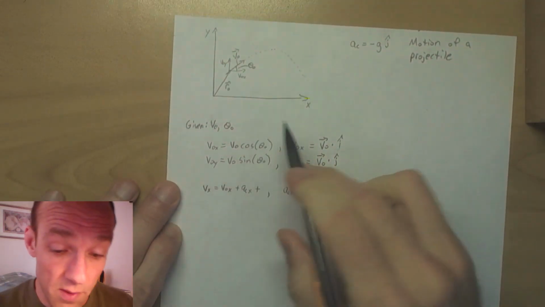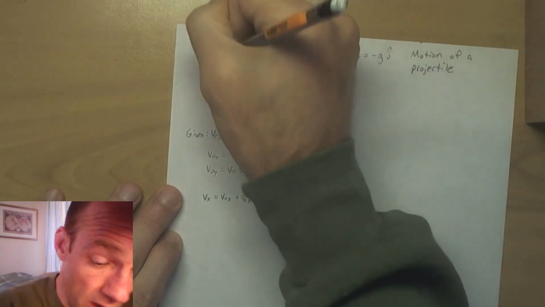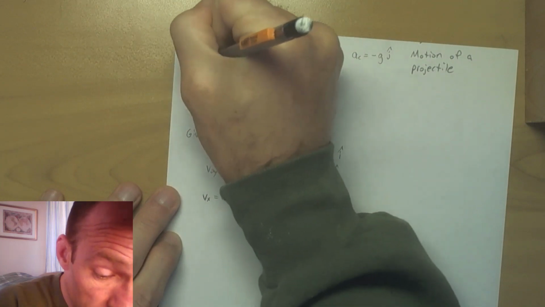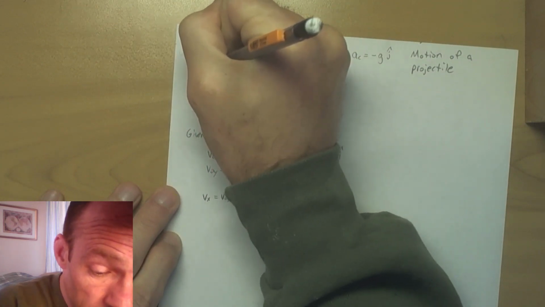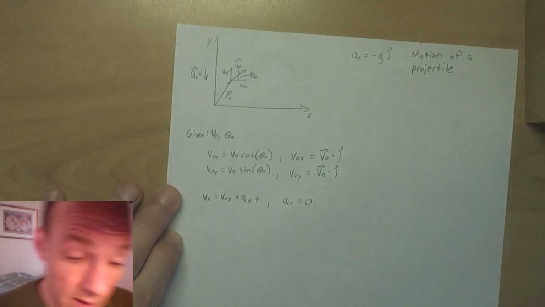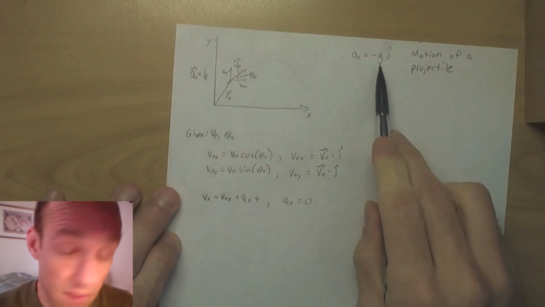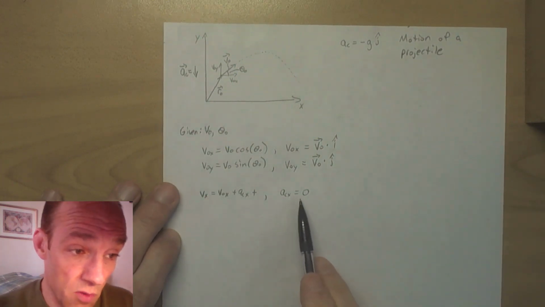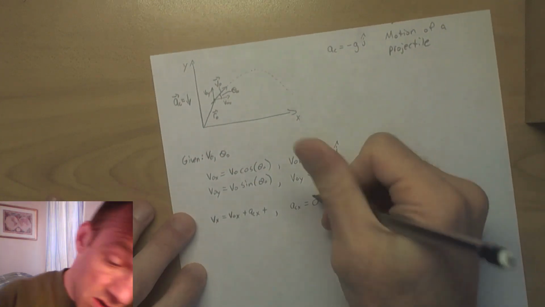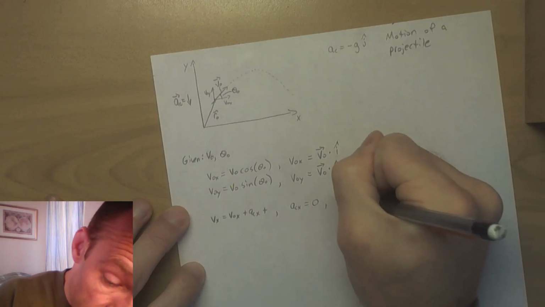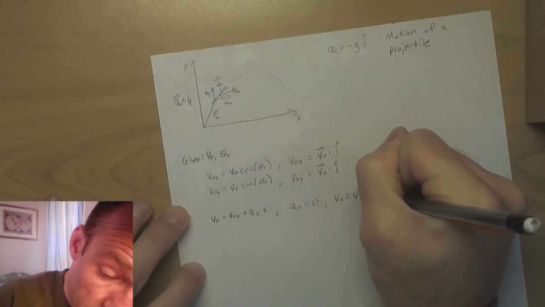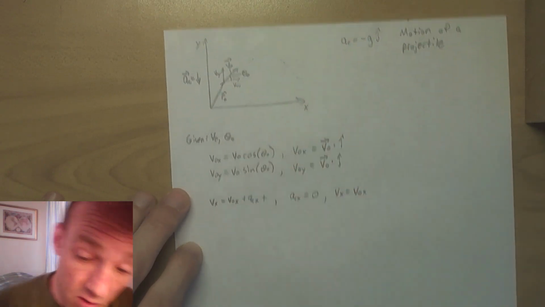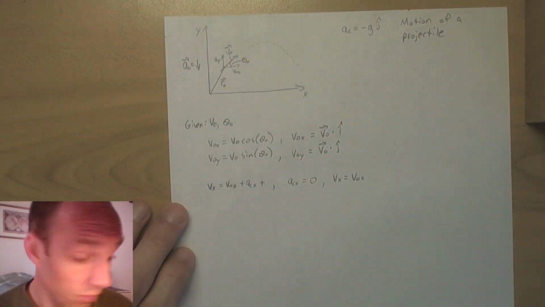In this arrangement, because gravity is pointing directly down, it's just the acceleration due to gravity, and it's pointing directly down in the y direction. So the acceleration with respect to x is 0. So the velocity of x, at all points along the trajectory, is equal to the initial velocity of x. So it never changes. All right.